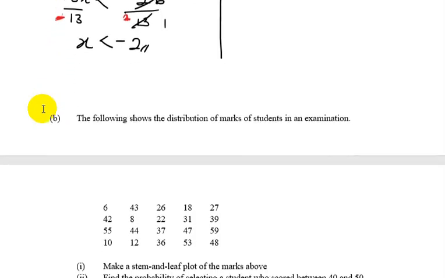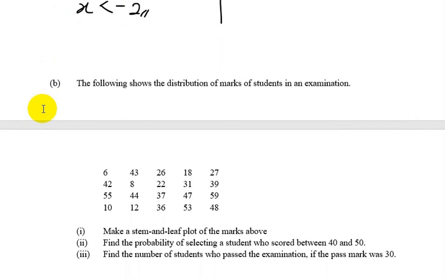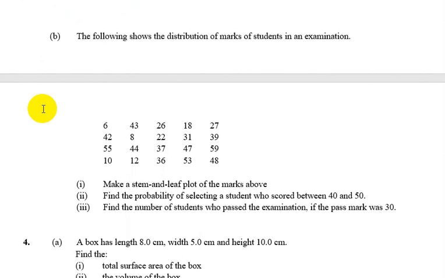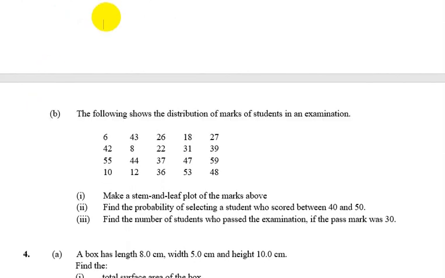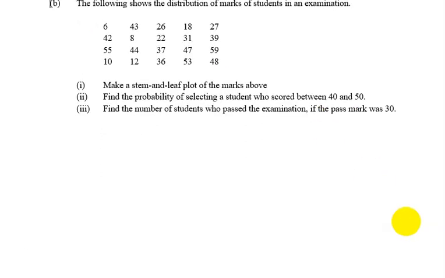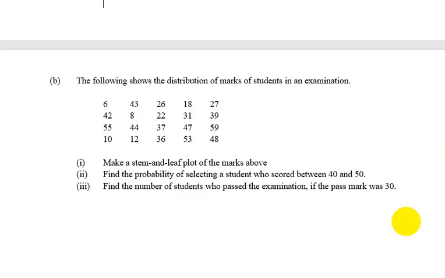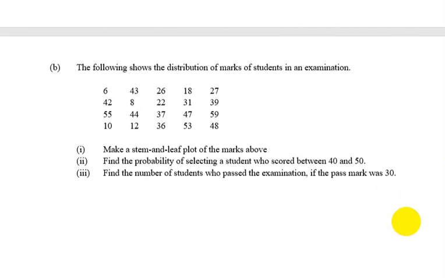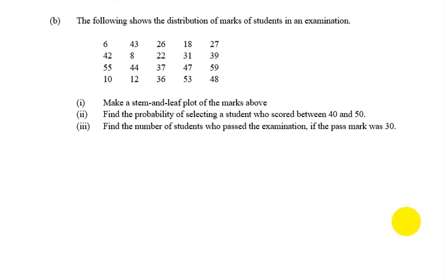Now let's look at the B part. The B part is a stem and leaf plot. So let's look at the stem and leaf plot. It says that the following shows the distribution of marks of students in an examination, and we are told that these are the marks.